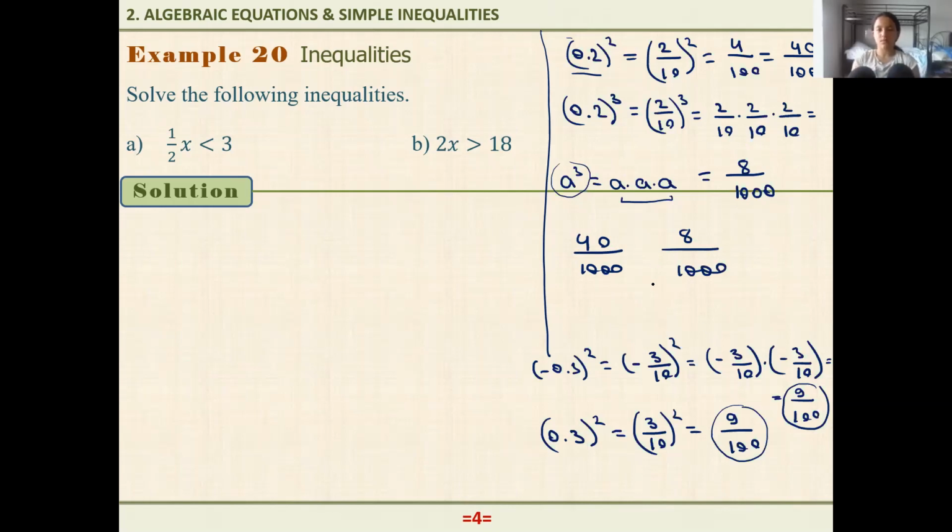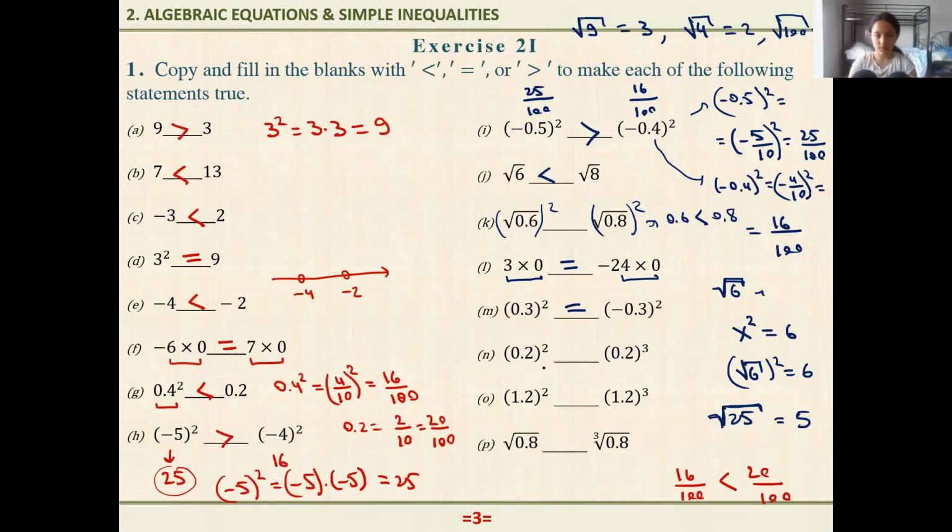Now tell me, which one is greater here? 40 over 1,000 is greater, right? The same denominators, we can just ignore them and compare their numerators. 40 is greater than 8. Then 0.2 squared is greater than 0.2 cubed.